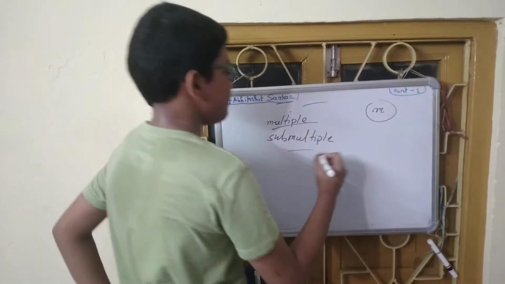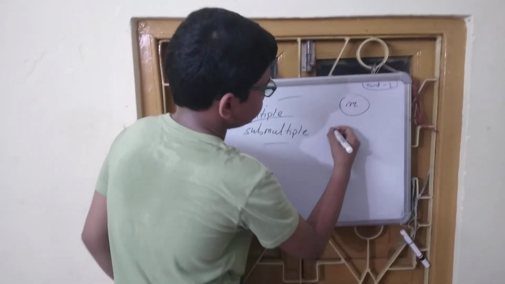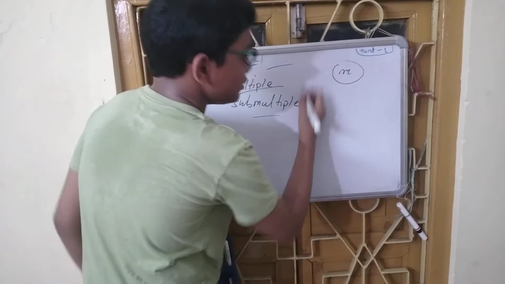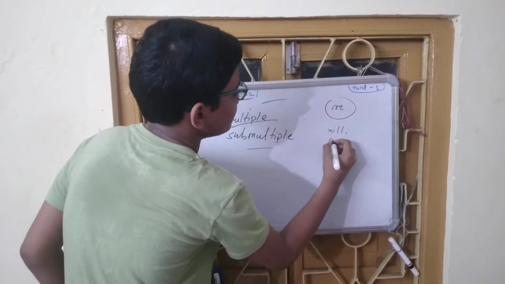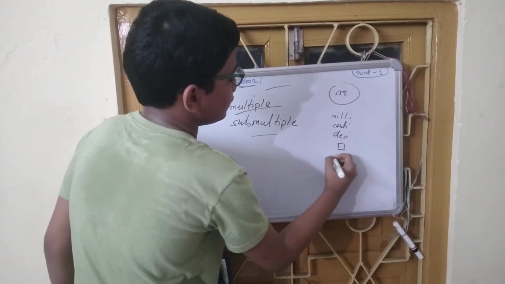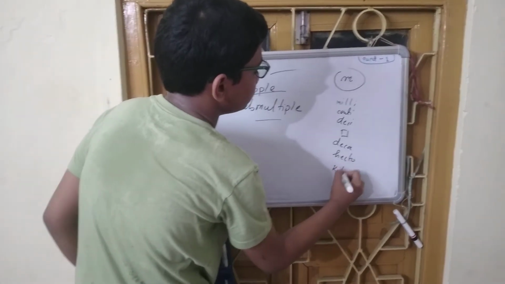Now some multiples of meter are decameter. First we are making a chart, to make it easier for you to understand. There is milli, centi, deci, meter, deca, hecto, and kilo.